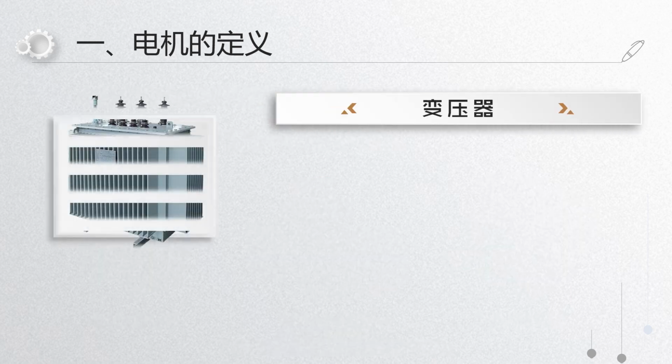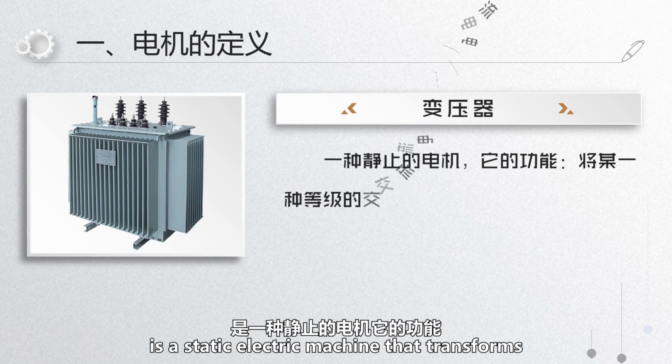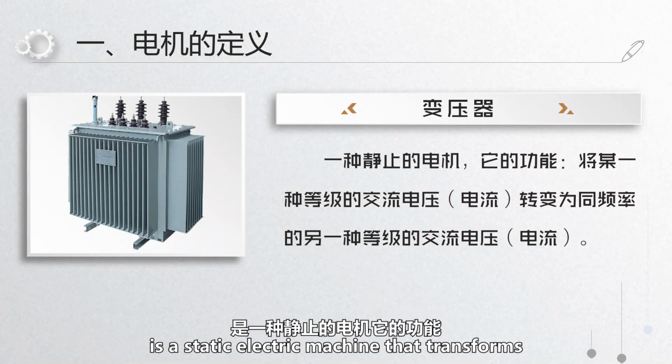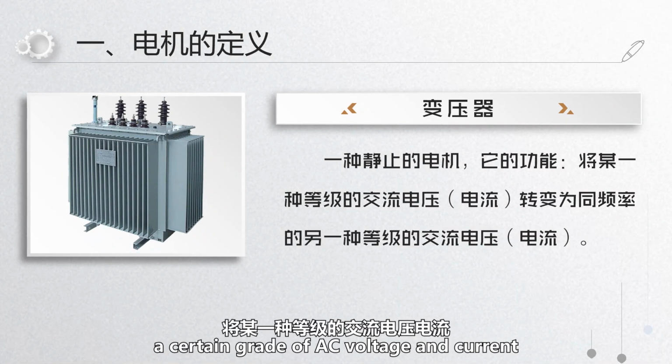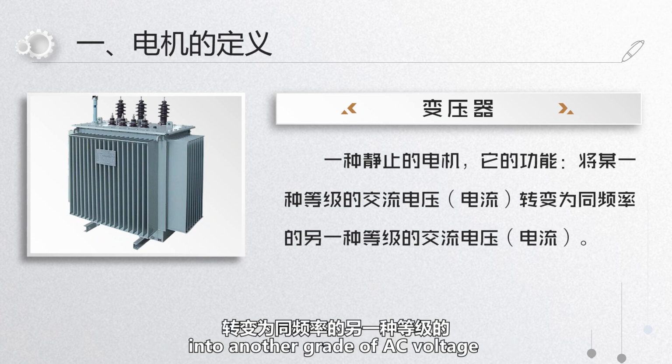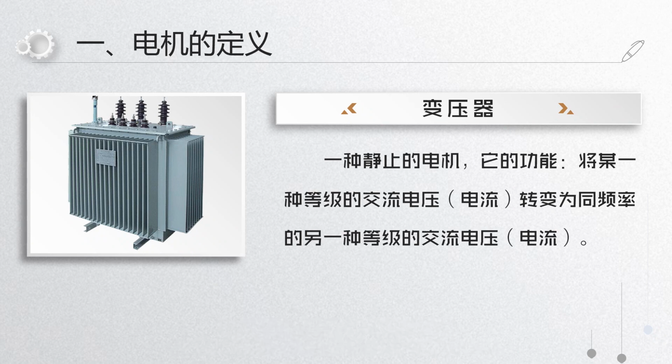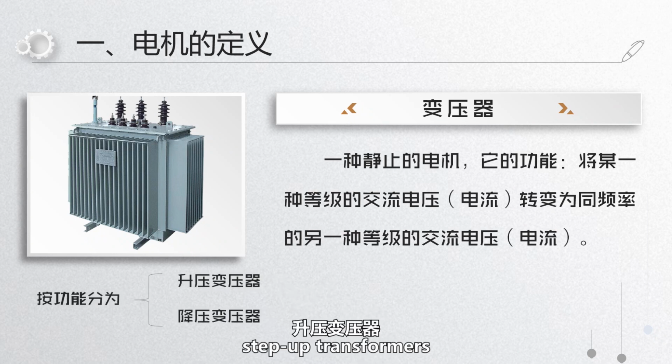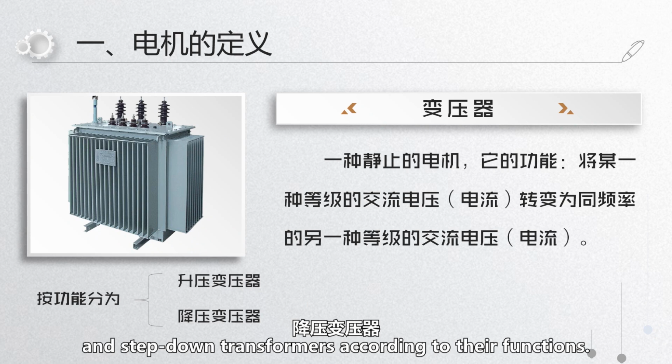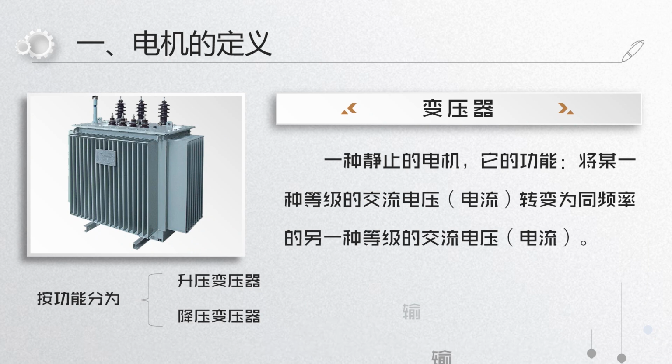A transformer is a static electric machine that transforms a certain grade of AC voltage and current into another grade of AC voltage and current with the same frequency. In power systems, transformers are divided into step-up transformers and step-down transformers according to their functions.